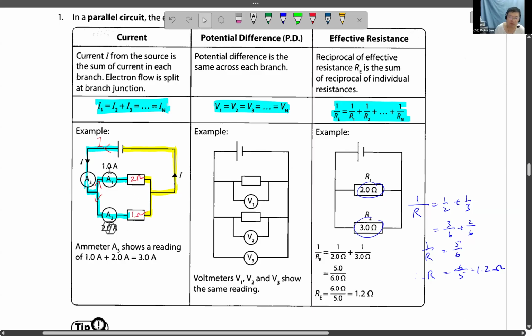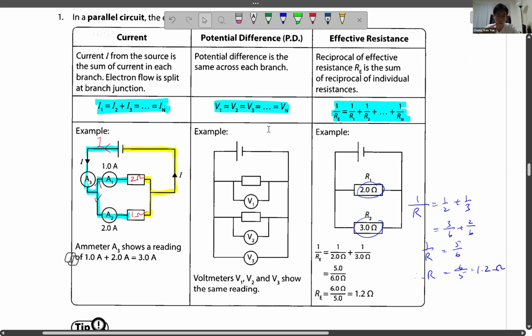Down here, 1 ampere times 2 ohm is equal to 2 volts. Here, 2 ampere times 1 ohm is also 2 volts. So they must be the same, both are 2 volts. A higher current means a lower resistance in the parallel circuit. Then the yellow here merges back, and the current here is the same as the current here: 3 ampere.